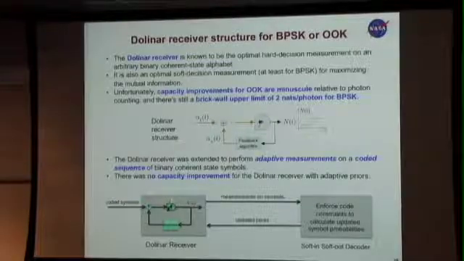We thought we'd had a bright idea, that maybe inherently there was something about the Dolinar receiver that works with a feedback to interfere with the incoming field before it's detected, and then it's photon counted. So it has a structure which is ideally implementable, and some people in the last 5 or so years have actually done this in the lab.